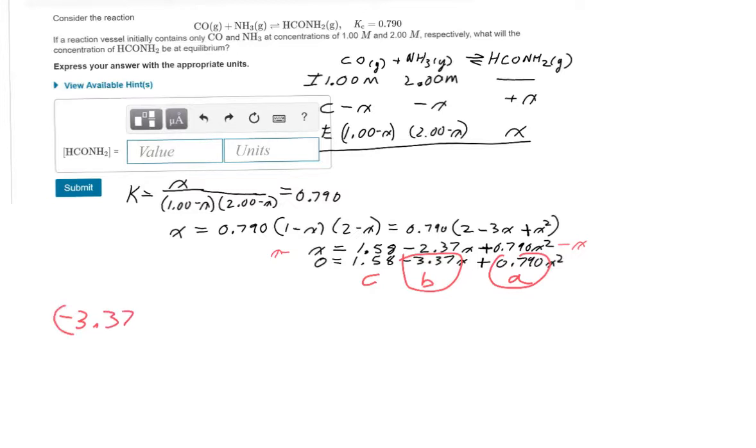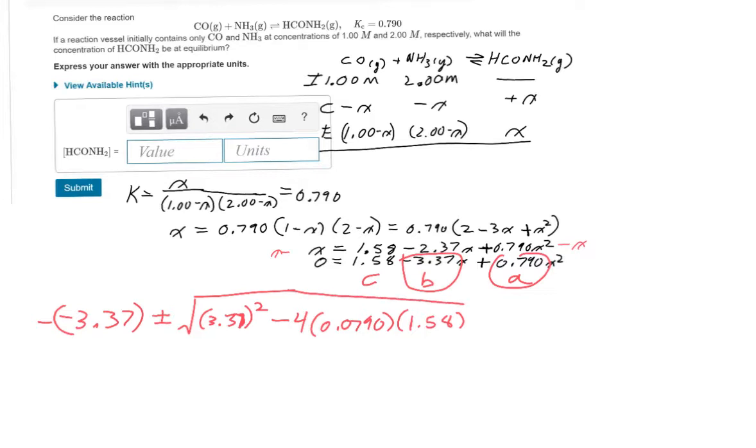It's the opposite of B, right? Plus minus the square root of B squared minus 4AC, divided by 2A.